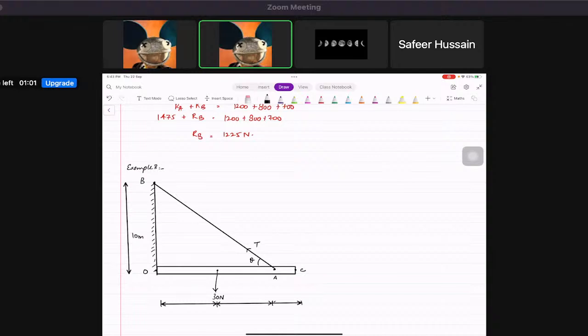Ignore the lens, please. It's like bad drawing skills. It's 6 meters, 3 meters, 3 meters. And yeah, that's it. Now, they say find tension T and angle theta.